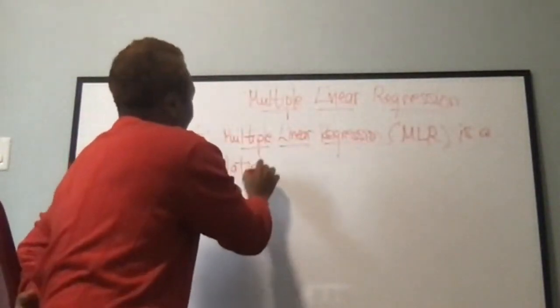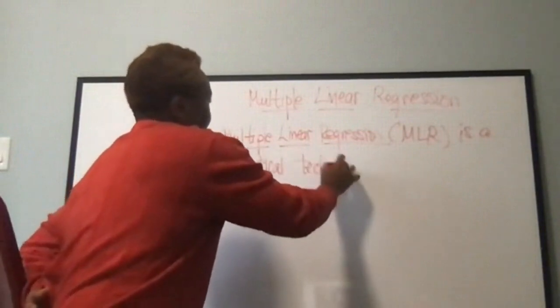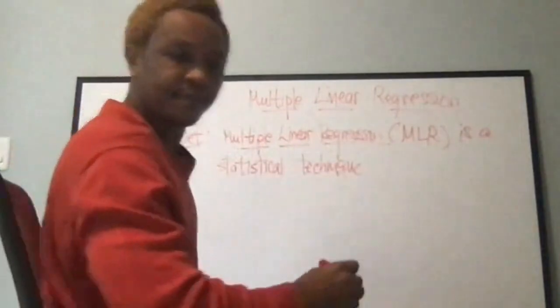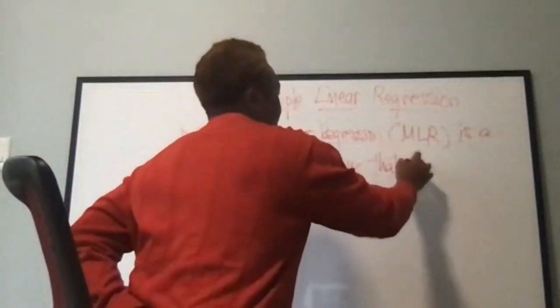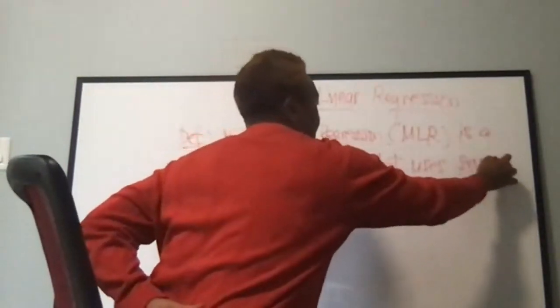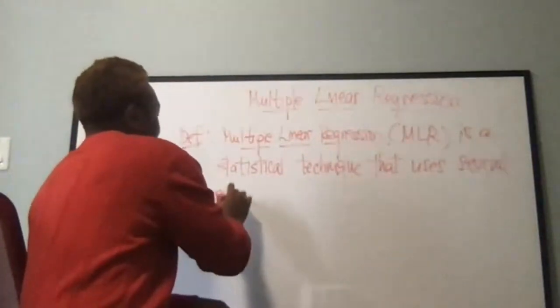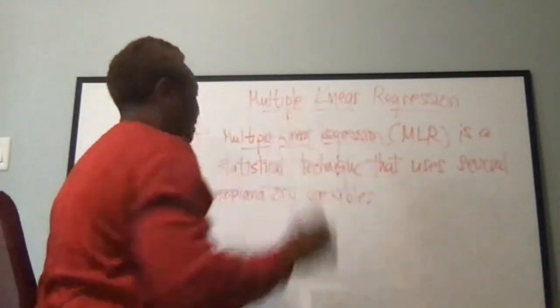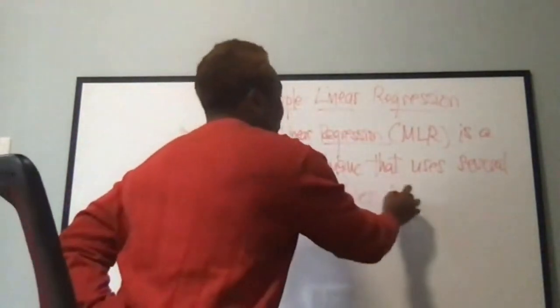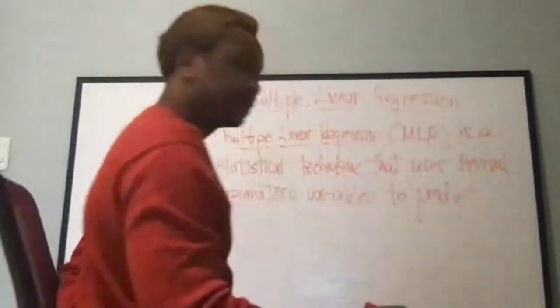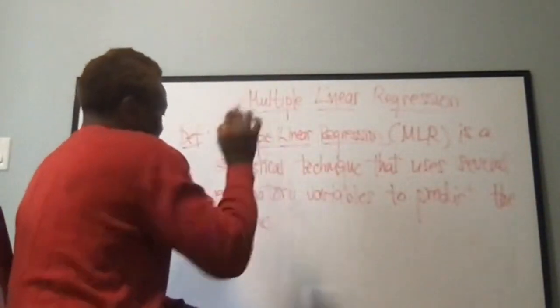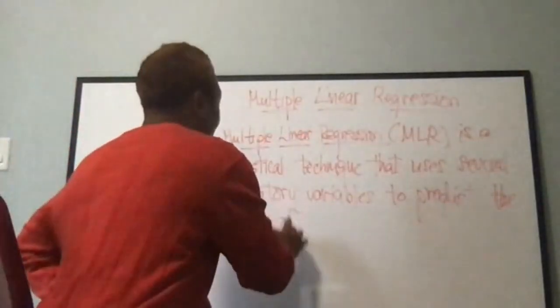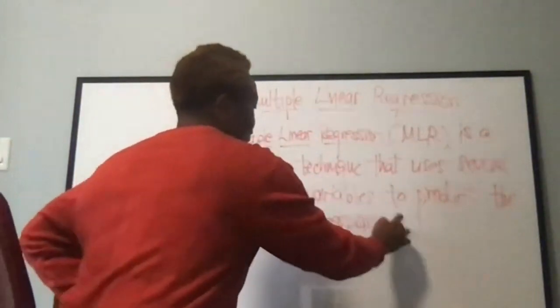MLR is a statistical technique that uses several explanatory variables to predict the outcome of a response variable.